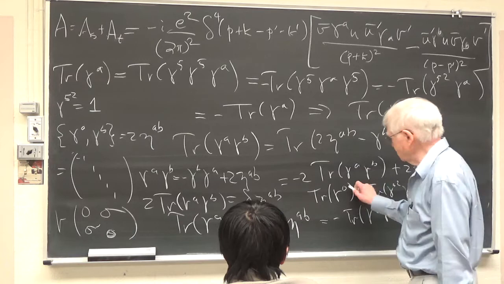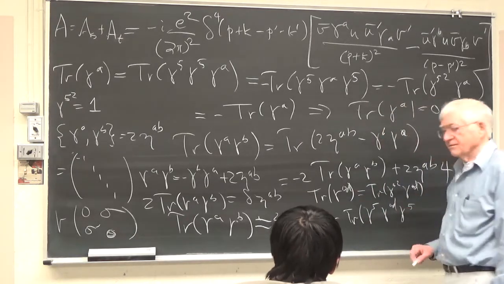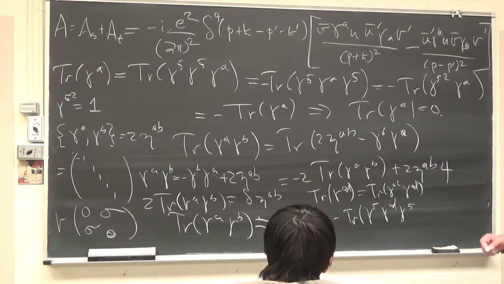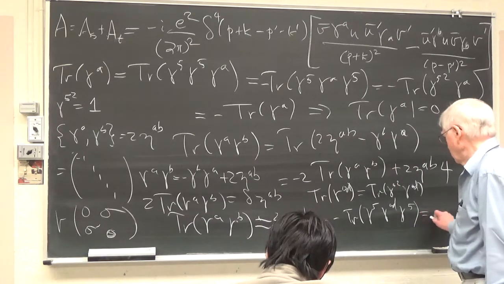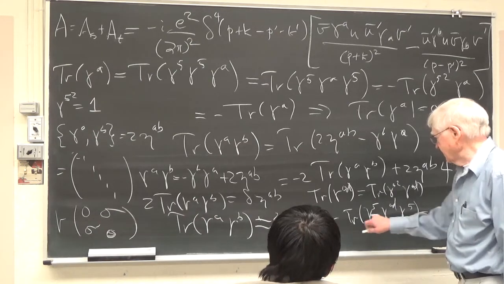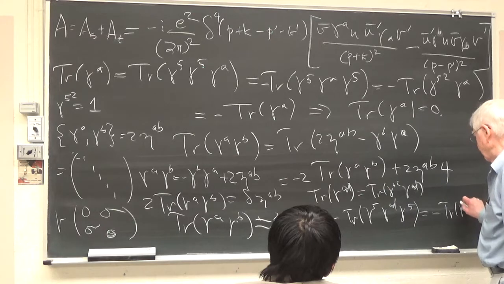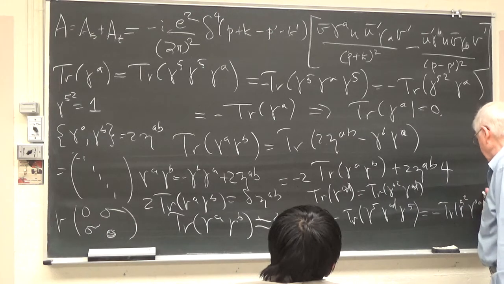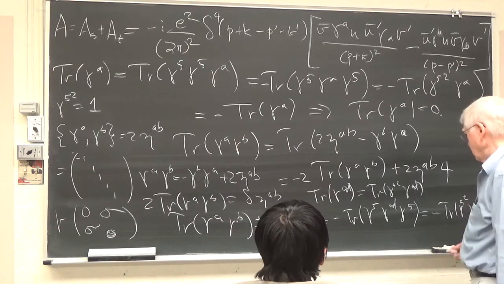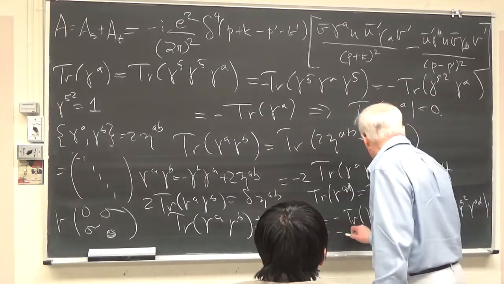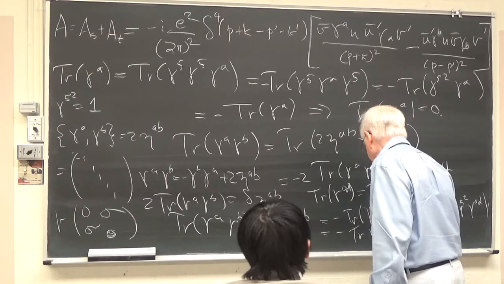So maybe I should write this as odd rather than as O, because gamma O looks like gamma 0. So that's a minus sign. Then the thing is cyclic, so we can move the gamma 5 forward, so that's trace of gamma 5 squared gamma odd. And that's 1. And so altogether this is minus trace of gamma odd.